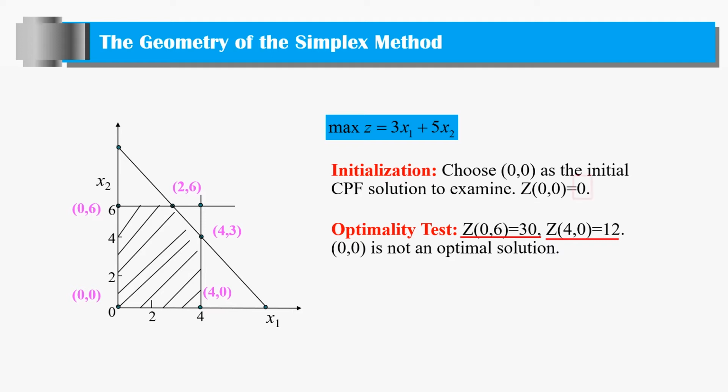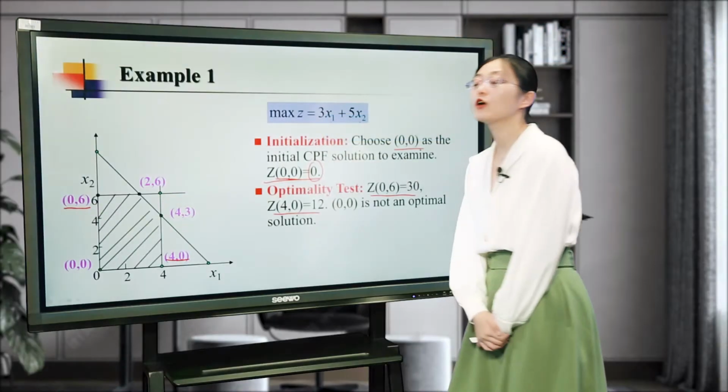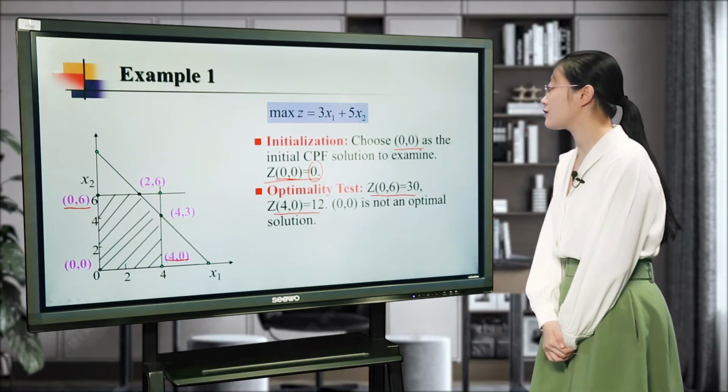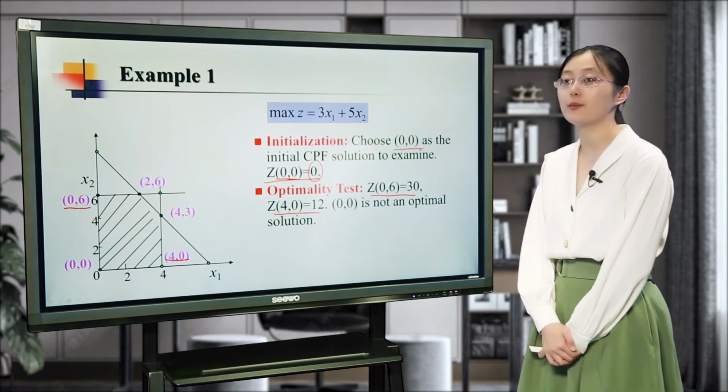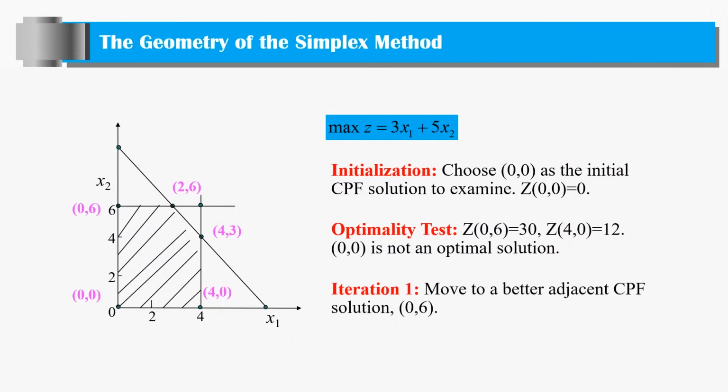Both are better than the original 0. So this tells us (0, 0) is not our optimal solution because its neighbors perform better. So we go to the iteration. We change from (0, 0) to the next better CPF solution. Among (0, 6) and (4, 0), 30 is the better one, so we change from (0, 0) to (0, 6). This is the next CPF solution.